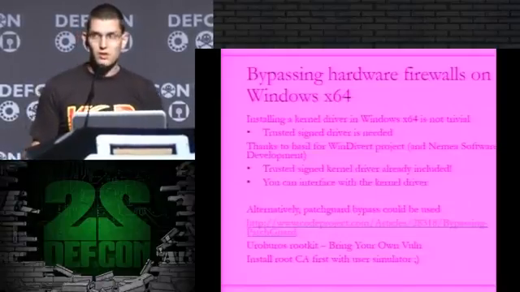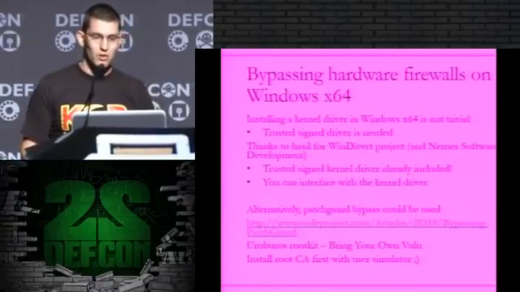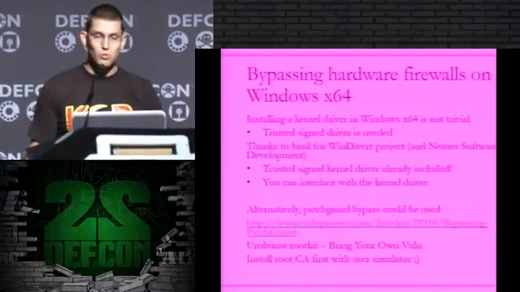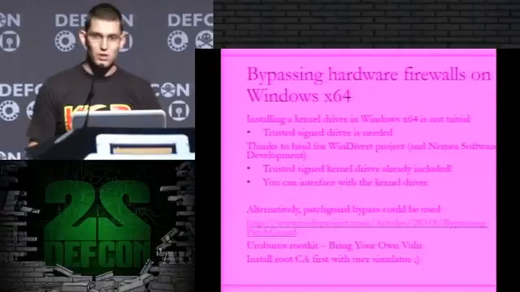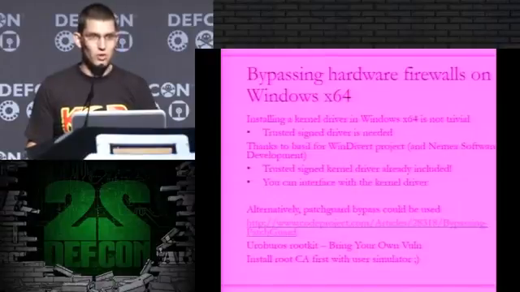Or, last but not least, one can use my user simulator to install a rogue certificate authority, and after that one can use a kernel driver signed by the hacker's certificate authority.